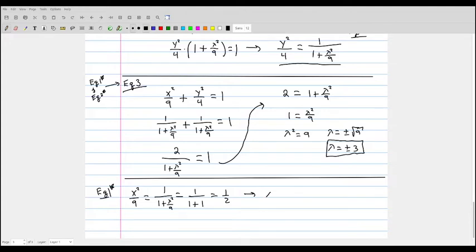Which means that x squared is going to be 9 over 2 if I multiply both sides of this expression by 9, or x is going to be plus or minus the square root of 9 over the square root of 2, which is plus or minus 3 over the square root of 2.